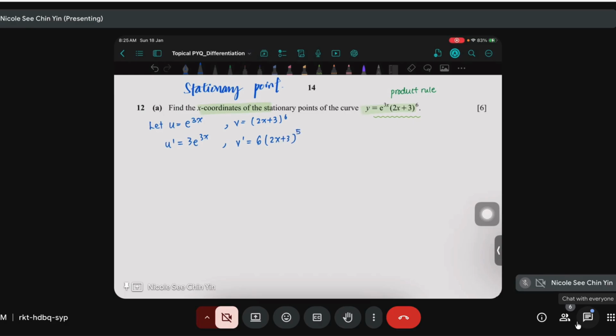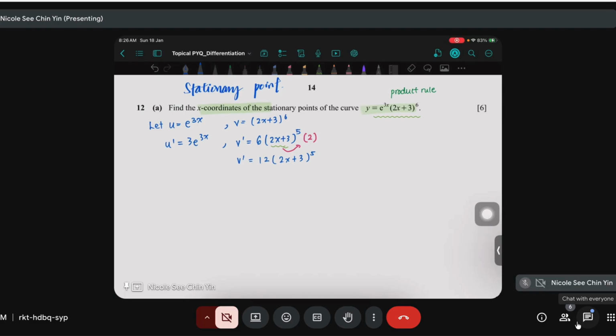Okay, power will reduce, but don't forget your argument 2x plus 3 has to be differentiated again. So what you get is 2. So basically your v prime is 12 bracket (2x plus 3) to the power of 5.